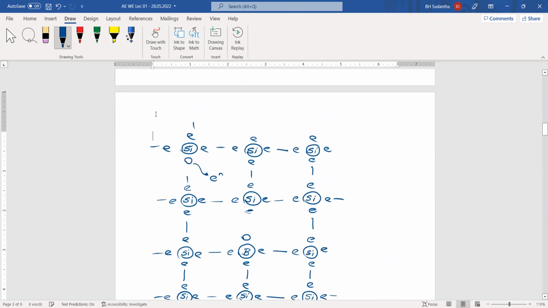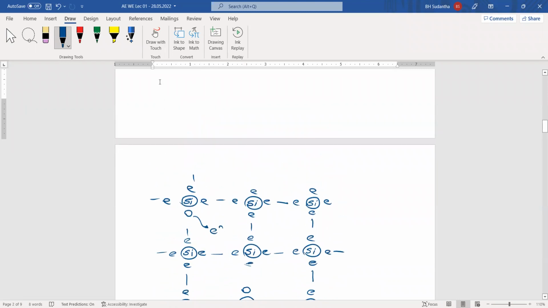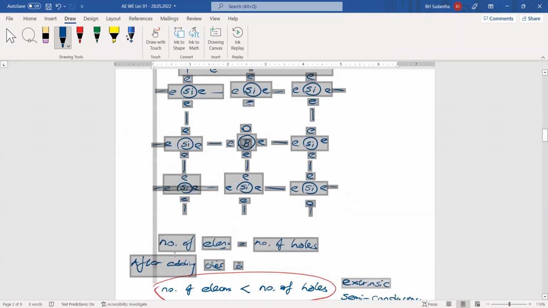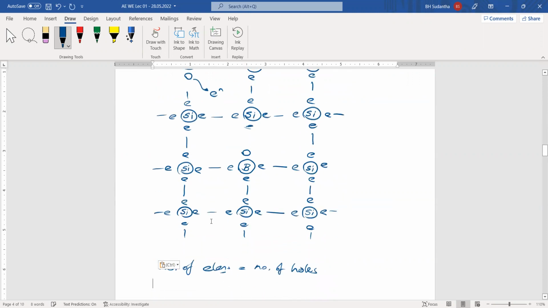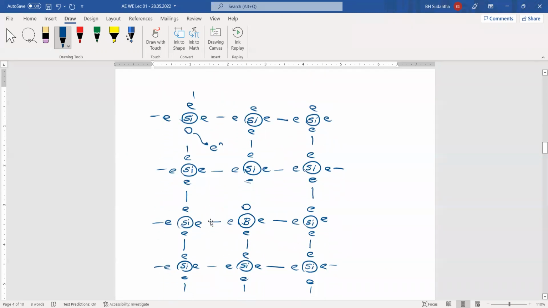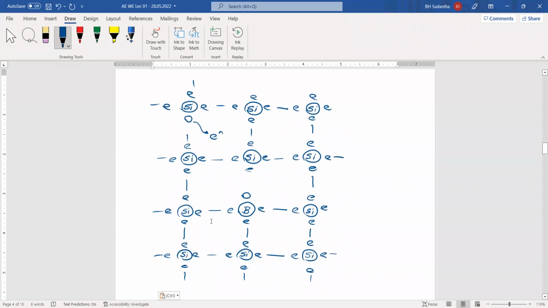Okay, now here we have introduced a third group element. But what if you introduce an element from the fifth group, like sulfur? Here it has 5 electrons in the outer circle.